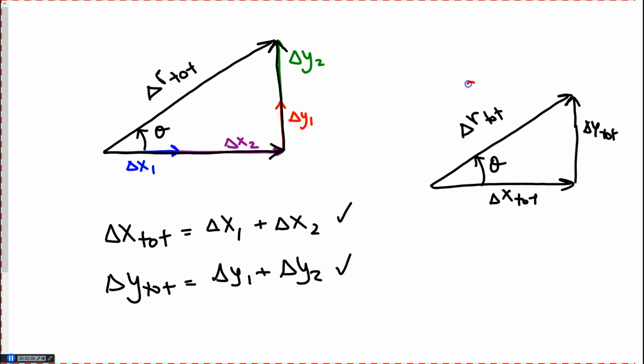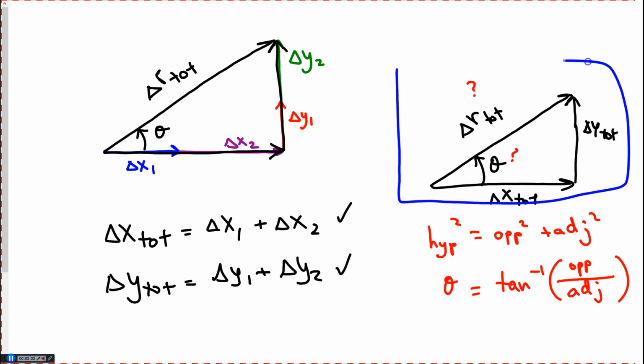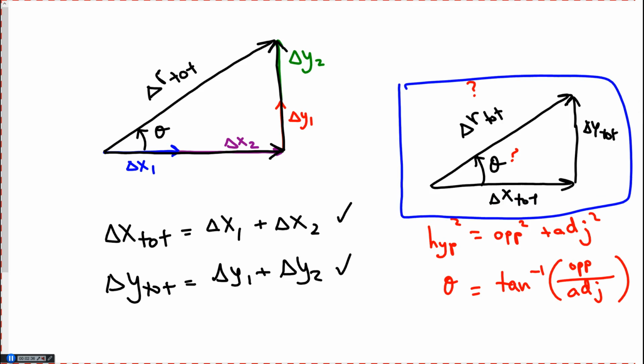And it's really easy to find these unknown quantities because we can use hypotenuse squared equals opposite squared plus adjacent squared. There's another equation on our equation sheet: theta is inverse tan of opposite over adjacent. So when we draw this and calculate in such a way as to form a right triangle, now we have access to these equations, which can help us find the unknown quantities.